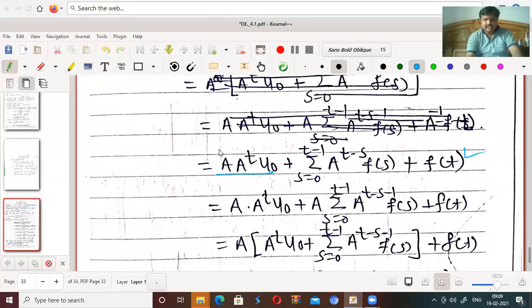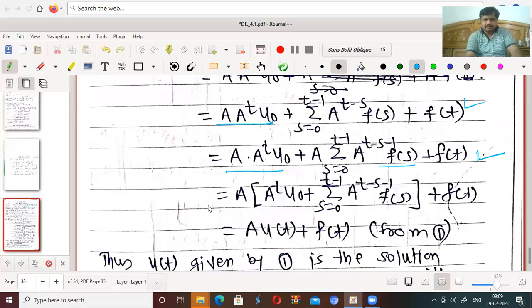So A into A to the power t into u0 as it is, plus I will take A outside: A into summation s from 0 to t minus 1 of A to the power t minus s minus 1 into f of s, plus f of t. Taking A common from the first two, A into A to the power t u0 plus summation s from 0 to t minus 1 of A to the power t minus s minus 1 f of s.